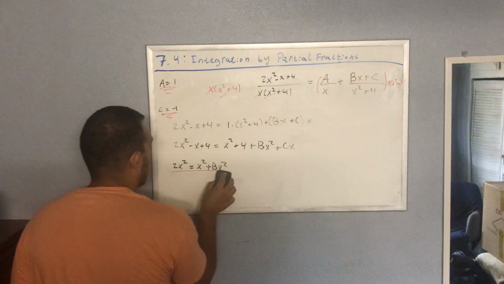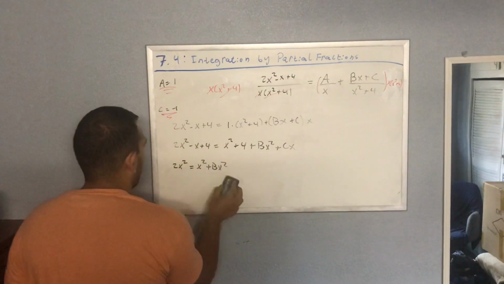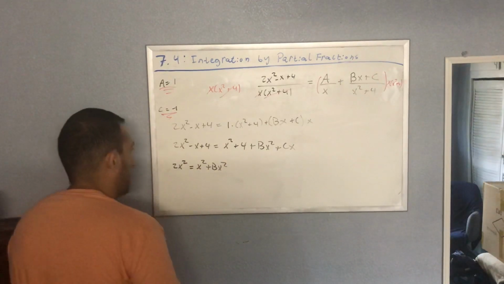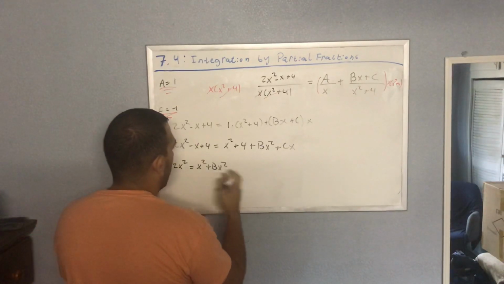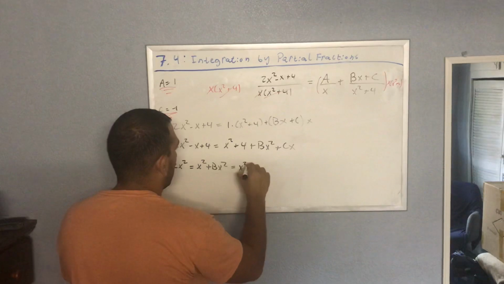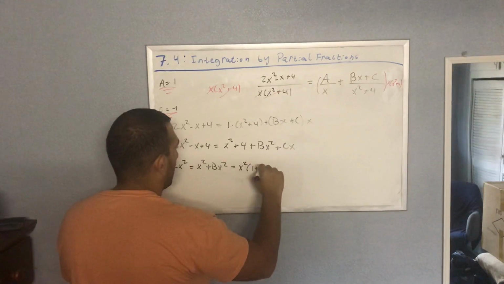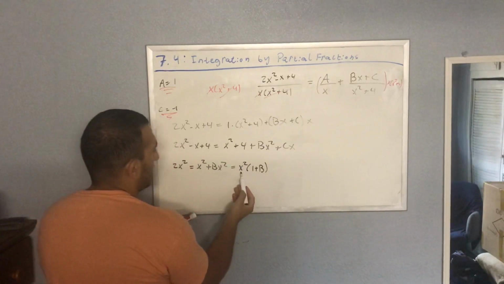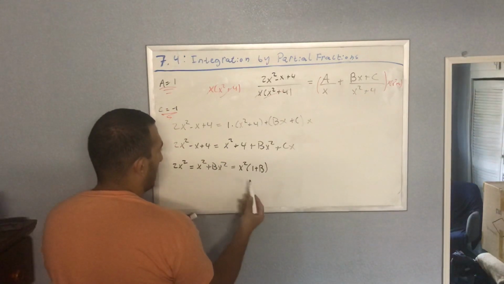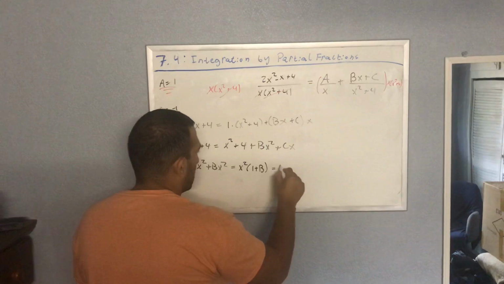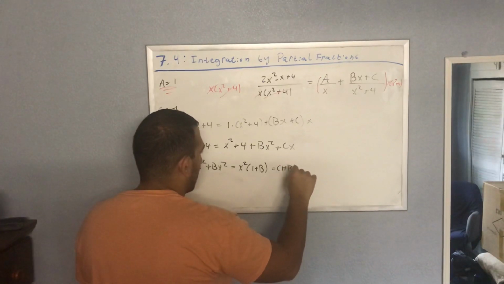And then in this case, what I'm going to do now is notice that if you factor out an x squared from here, you get 1 plus b, right? Because distribute this, you get x squared plus bx squared. Which, more suggestively, is 1 plus b times x squared.